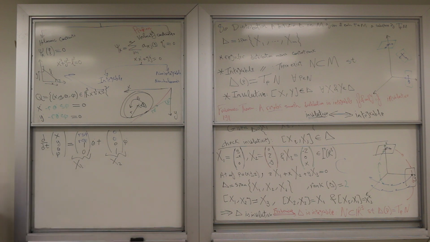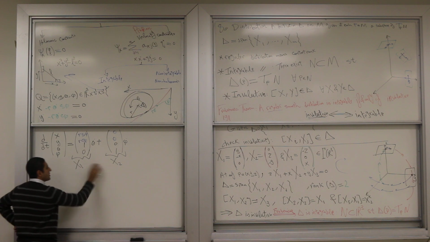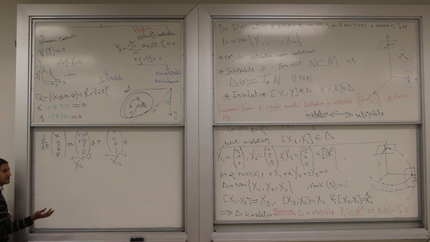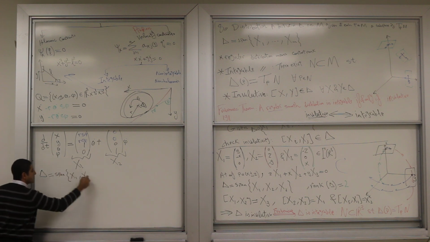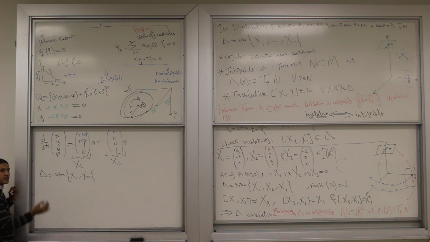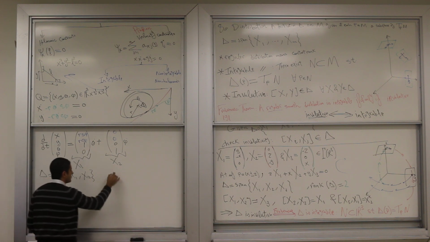These are the two vector fields that are allowed. If I want to answer the question, does there exist a surface such that these two are always tangent, the answer is easy, like we did over there. I'm going to collect them in a distribution, the span of these two, and check if this distribution is integrable or not.